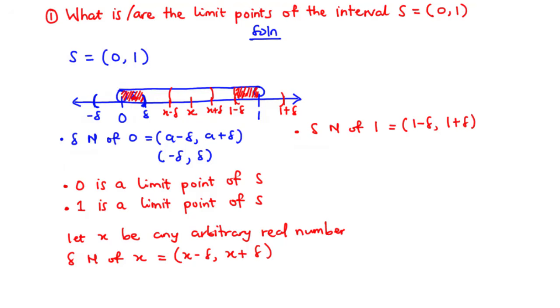Now you realize that the intersection of x minus delta, x plus delta, and S contains infinitely many points.